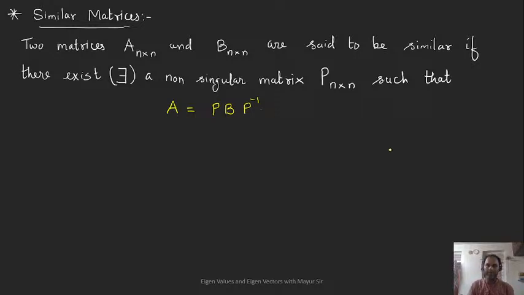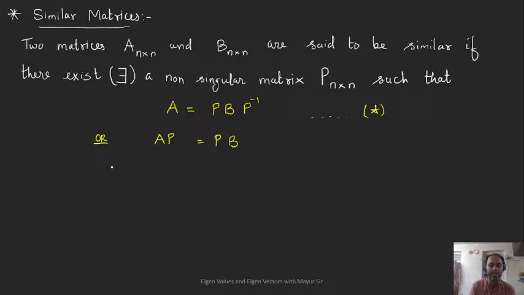Now you can remember this part as the first original definition. This is what it means, that two matrices are similar. So A equal to PBP inverse, this is what we have. Now on this we have another alternate version, or you take it this way: AP equals PB.